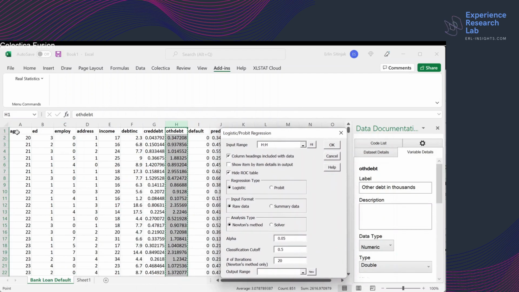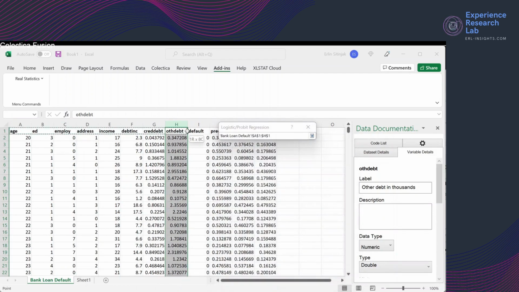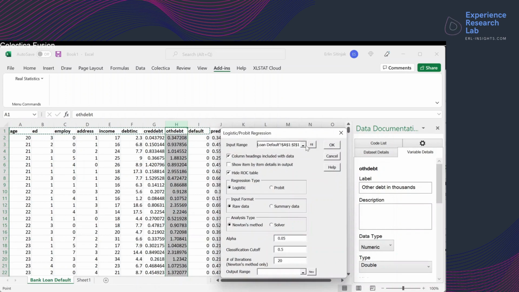So it will be column A to column I. Click fill, but because I only have 701 rows filled in, I'll change this to 701. And since the first row of the dataset is for headings, I'll tick this box, column headings included with data.